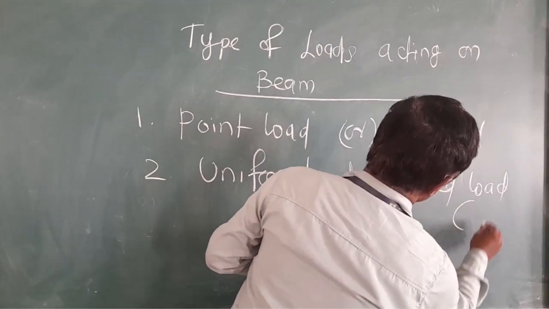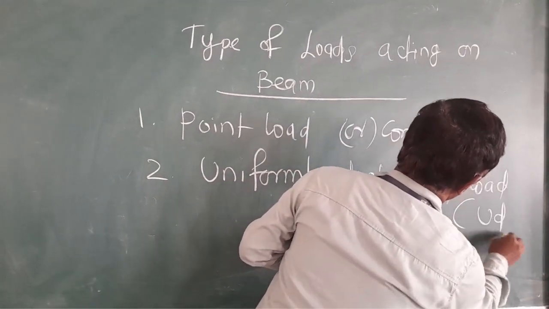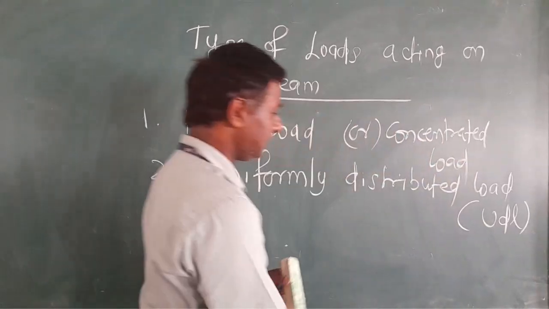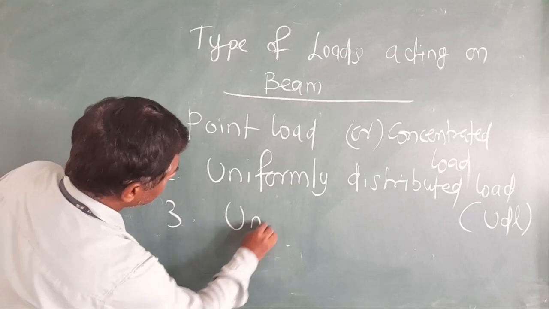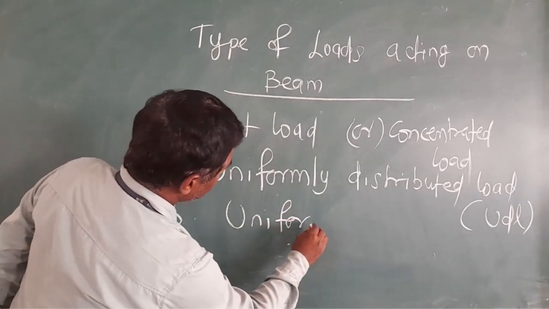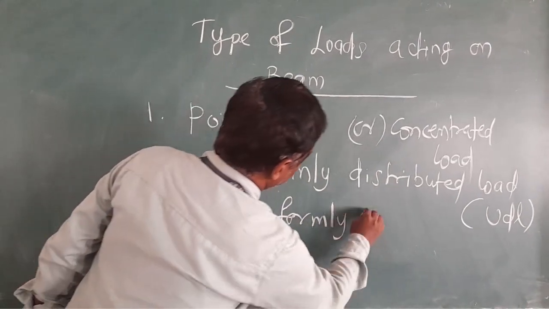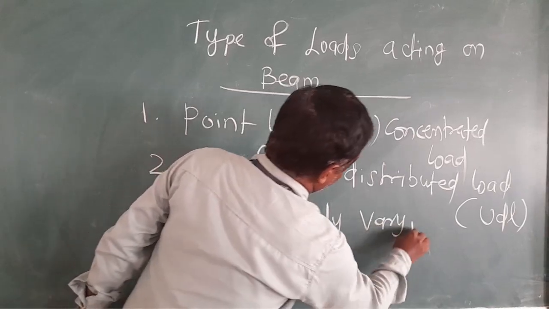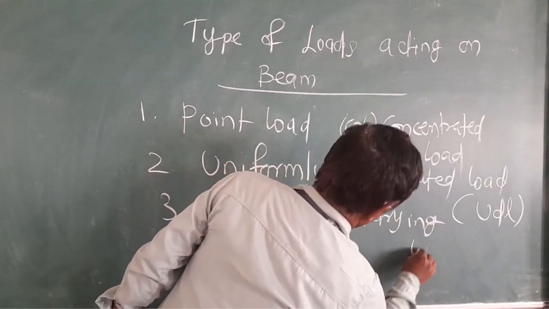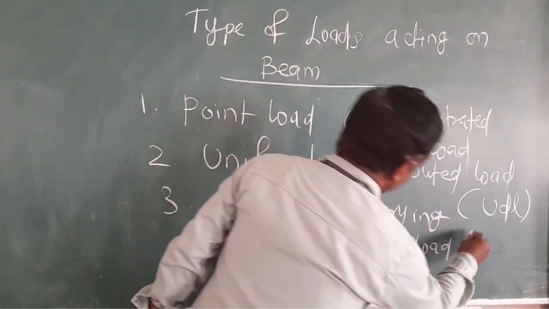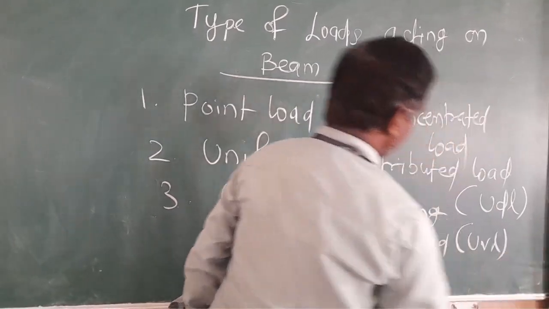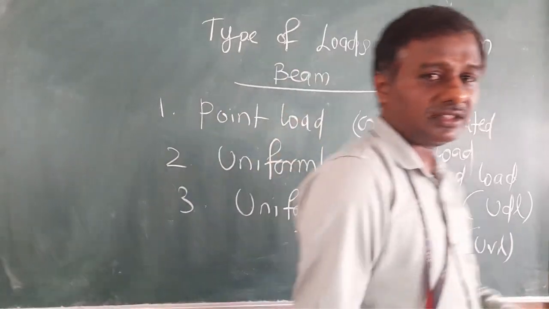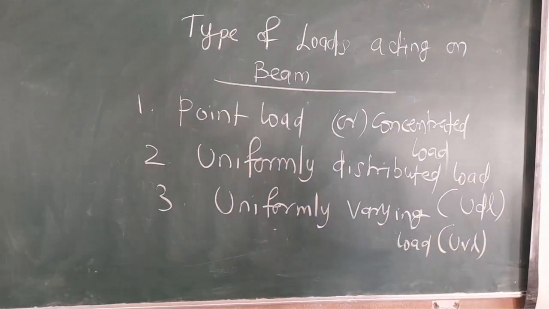Generally it is given as UDL, uniformly distributed load, and the third one, uniformly varying load, can be given in terms of UVL. So these are the three loads acting on the beam.